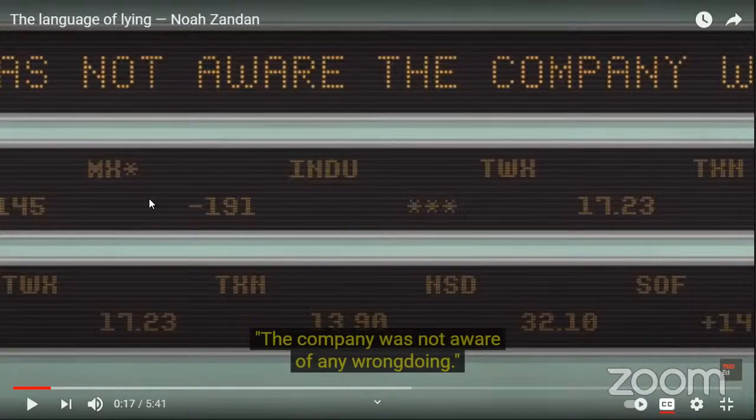In this part, the company is saying the company was not aware of any wrongdoing. It means that the company didn't know that the people that work in the company were buying illegal things. Something like that. Wrongdoing is an incorrect behavior. Okay, teacher. Okay, good. Any other questions besides that?